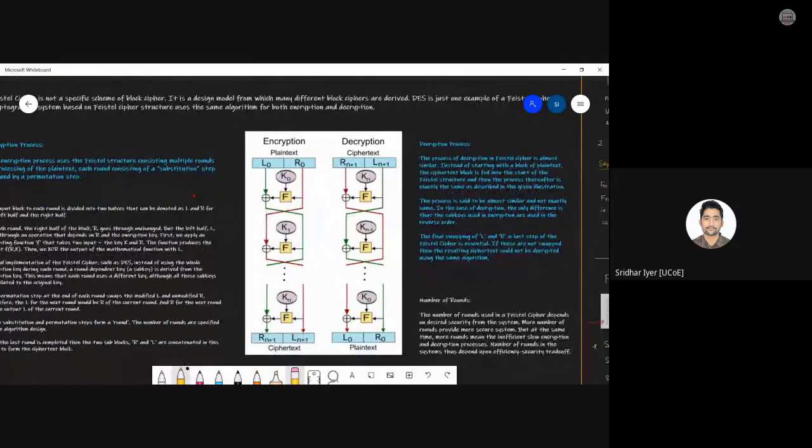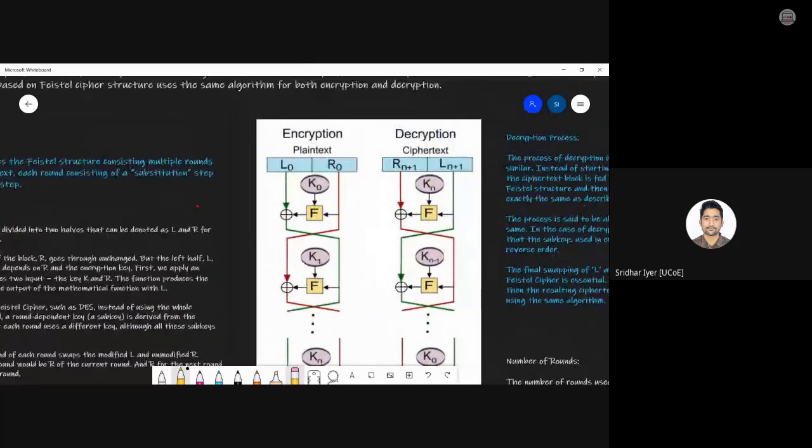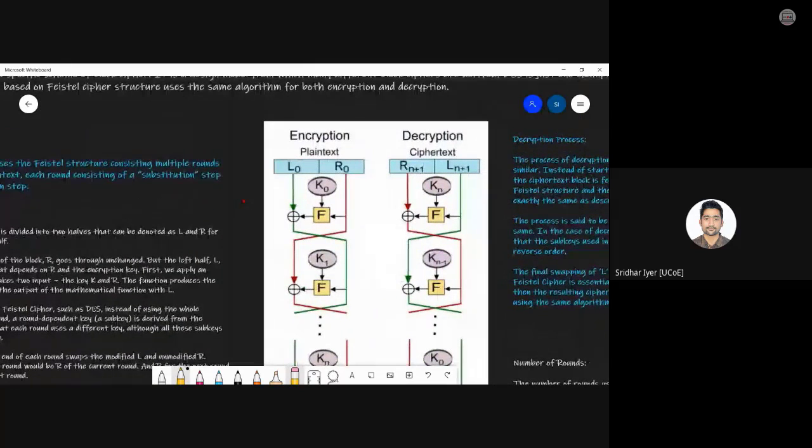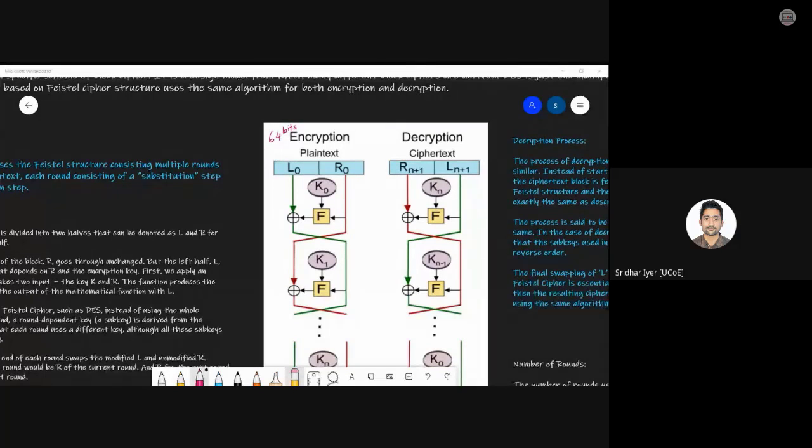Fine. So what happens in the Feistel structure is, as you can see, left hand side is all about the encryption part. So let's focus on the encryption first. The plain text is of size 64 bits. Those 64 bits are first of all divided into two parts, the left plain text and the right plain text, which are of equal size of 32 bits each.